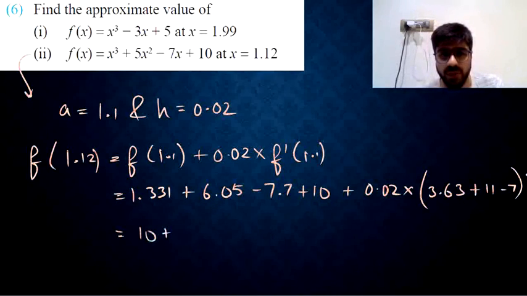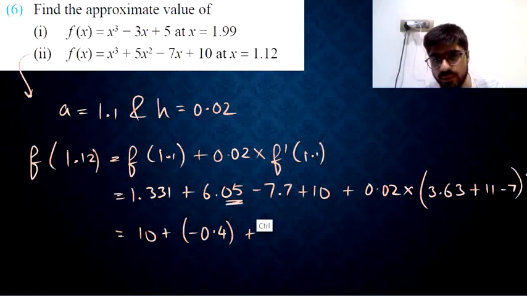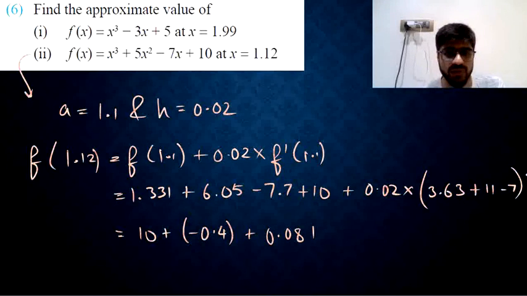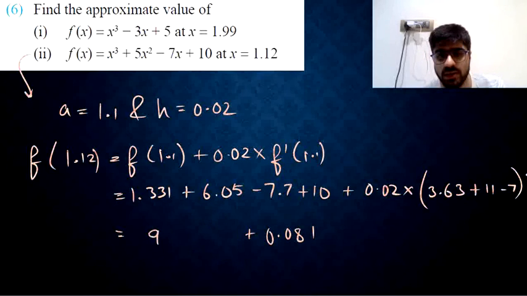So we have 10 plus 0.3 minus 0.7, that's minus 0.4, plus we have 0.03 and 0.05, so that's 0.08 and 1. So 0.081 is what we have, and we have to now go for 10 minus 0.4, that is going to be 9.6, and plus 0.081, that's making it 9.681.